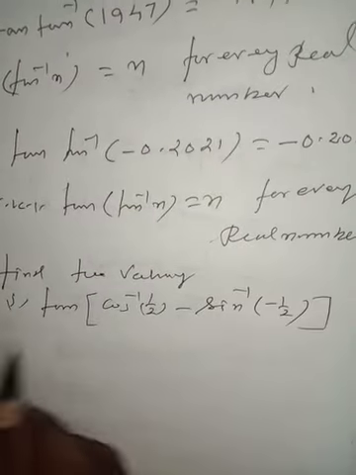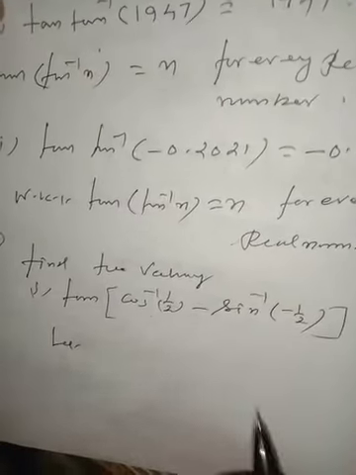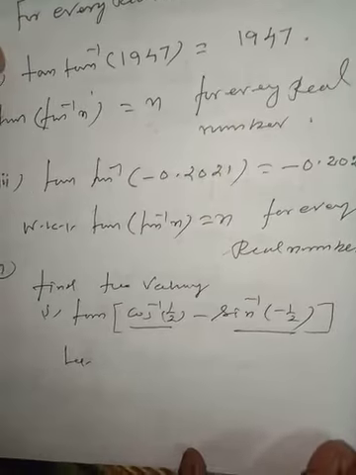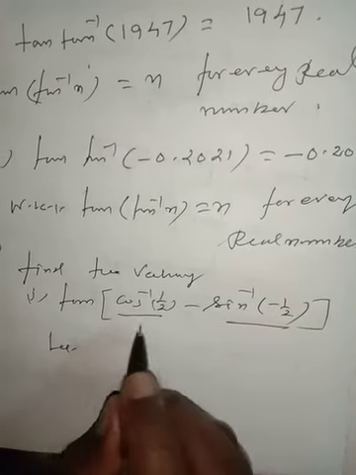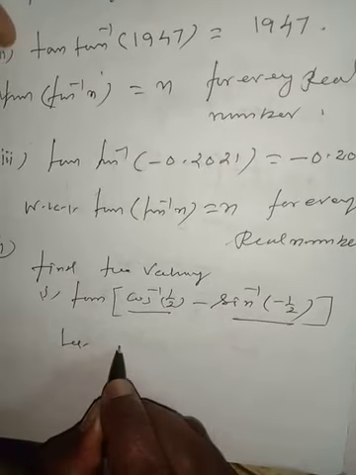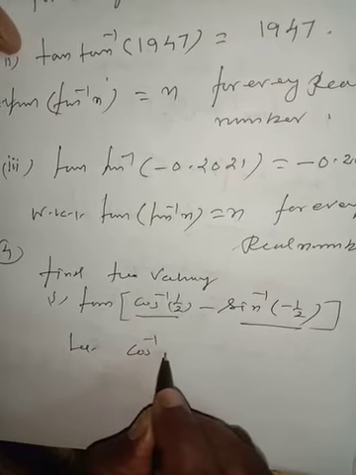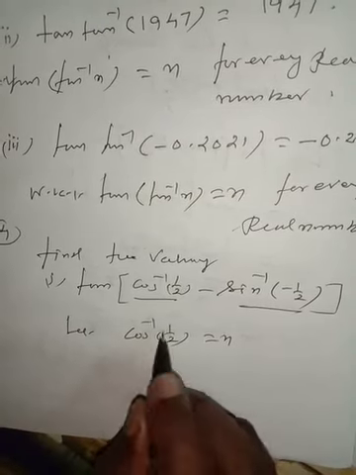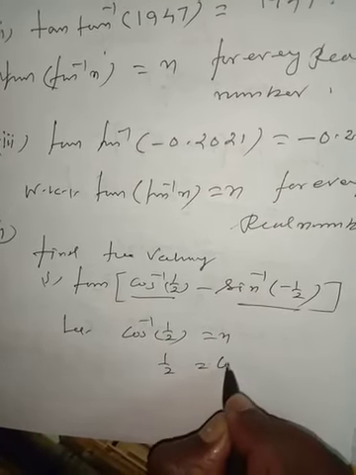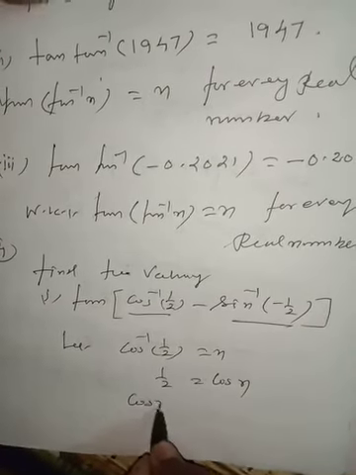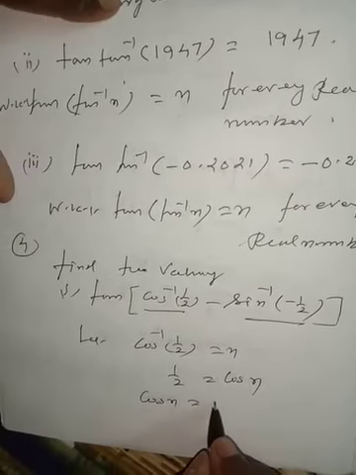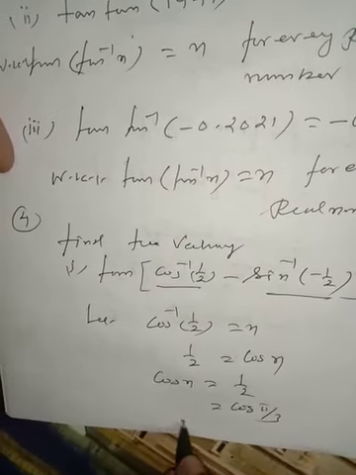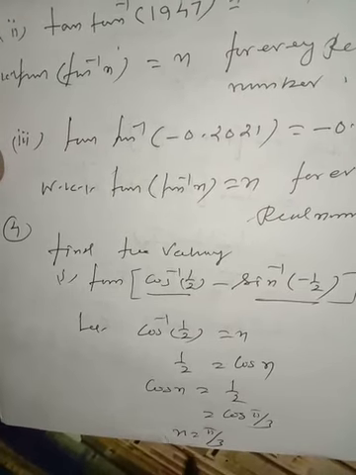First, let us take cos inverse of 1 by 2 and then sin inverse of minus 1 by 2. Let cos inverse of 1 by 2 is equal to x. Taking cos on both sides, 1 by 2 is equal to cos x. Cos x is equal to 1 by 2. In terms of cos column, cos pi by 3, x is equal to pi by 3.